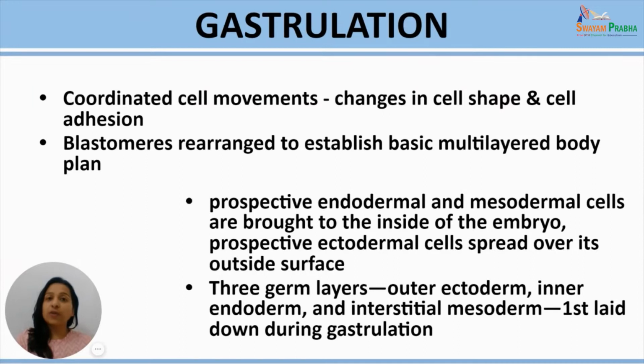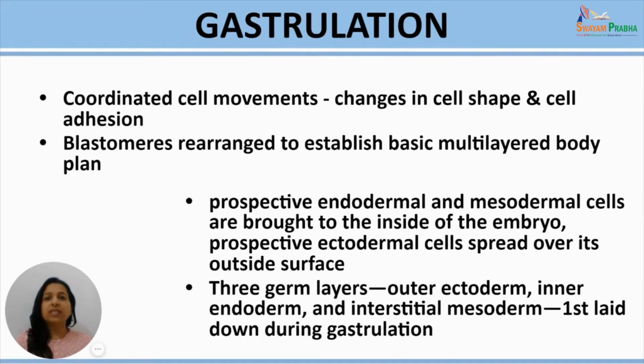Now, how is a blastula converted into a gastrula, in which there is formation of 3 germ layers? How do the cells of a blastula, that is, the blastomeres, arrange themselves with respect to each other? They change their shape, their size, their adhesion, and their position with respect to each other.